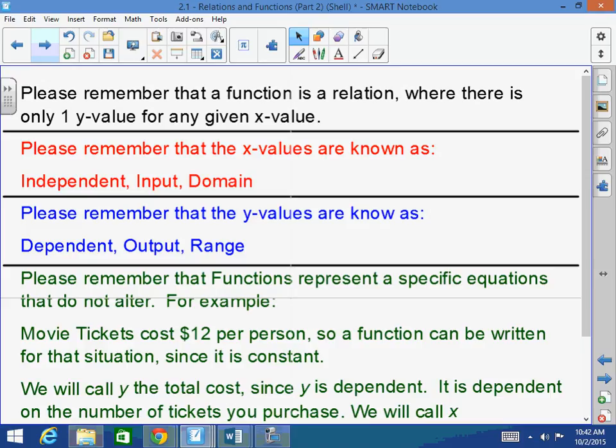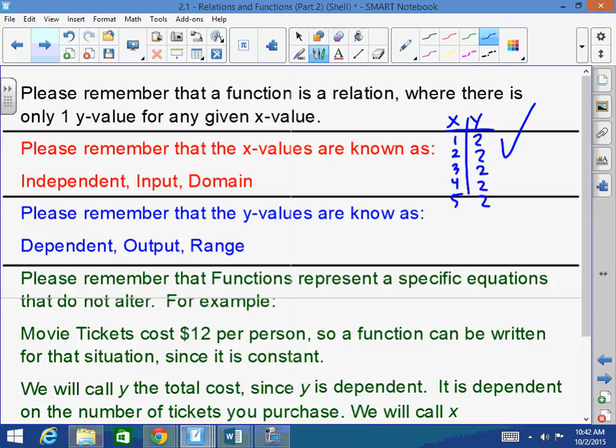Remember, it doesn't work the other way, though. You can have different X's for the same Y, but you cannot have different Y's for the same X. If Y is 2, 2, 2, 2, 2 and X is 1, 2, 3, 4, 5, that is a function.